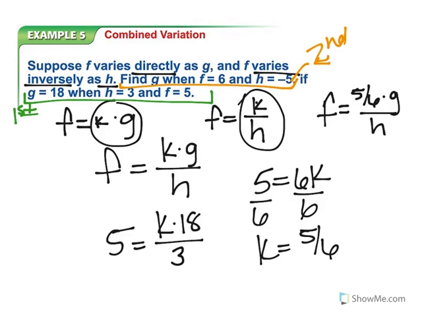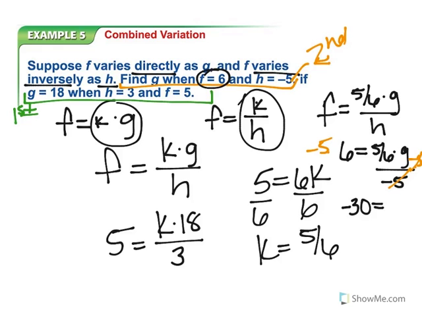All right, so now we need to plug in our secondary information to figure out what g is. We know that f is going to be 6. So 6 is equal to 5/6 times g divided by, we know h is -5. All right, so let's solve for g. We're going to multiply by -5 on both sides, so we can get rid of the denominator.